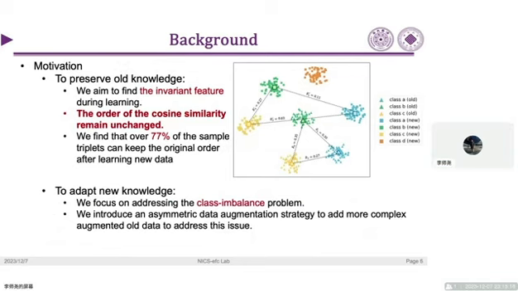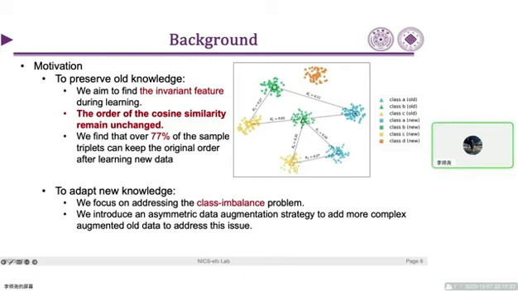So our motivation to solve the above two issues is here. To preserve old knowledge, we aim to find the invariant feature during learning. We find that the order of the cosine similarity remains unchanged, like in this figure.